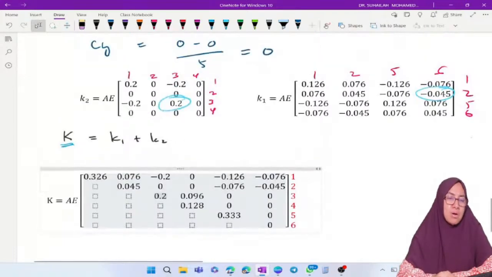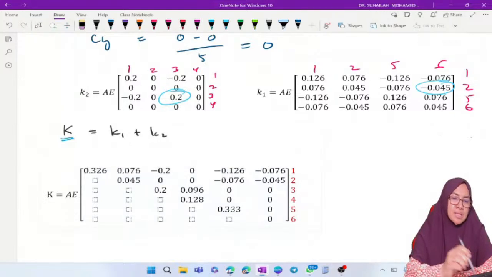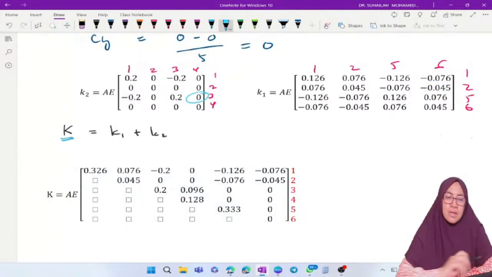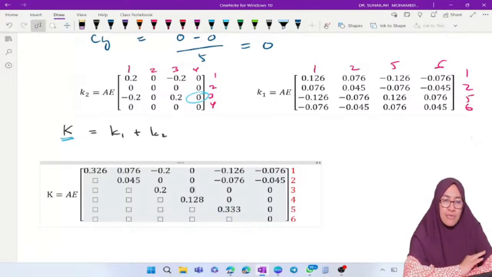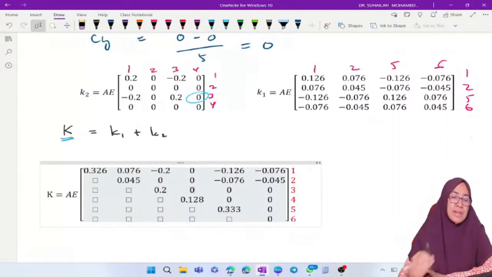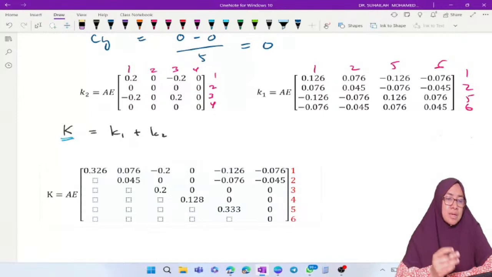3, 4 is 0. Then 3, 5 and 3, 6. We don't find 3, 5 in K1 or K2.